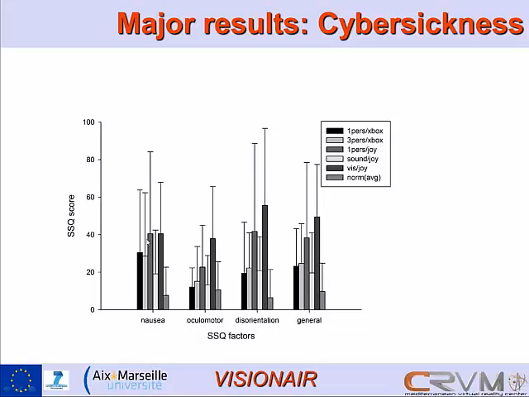You can see that in almost all the cases the average values are above this norm, which, as I told you before, means that even if they didn't stop the task because they were not seriously sick, all subjects report in any indicator some symptoms of cyber sickness.